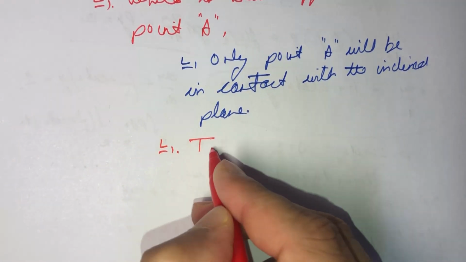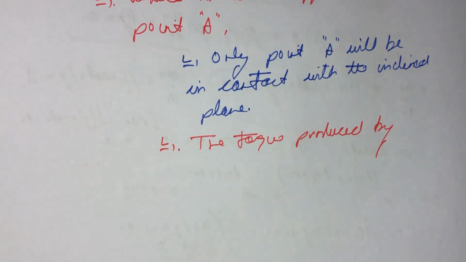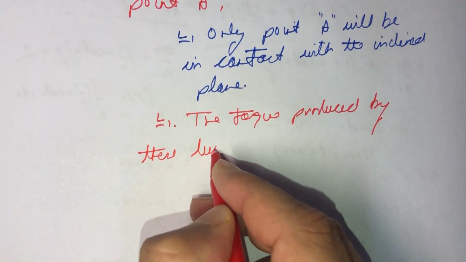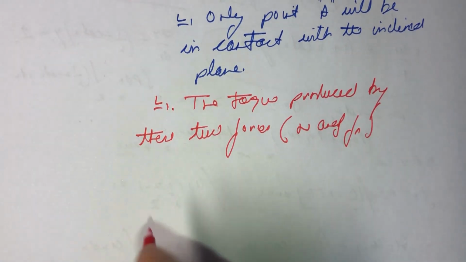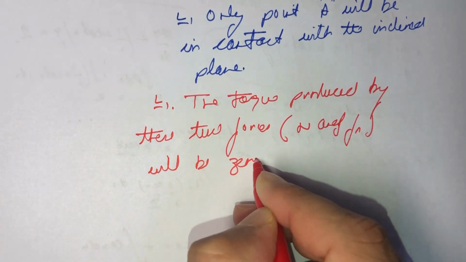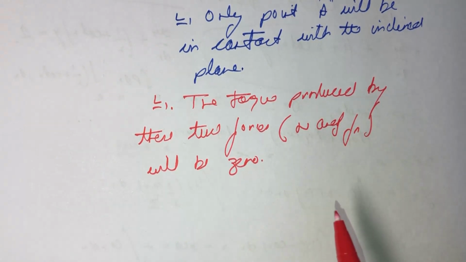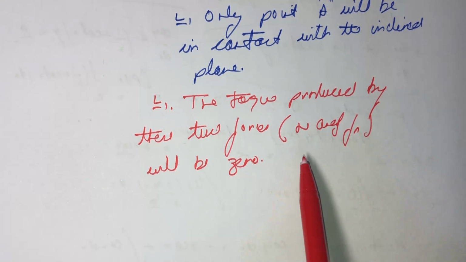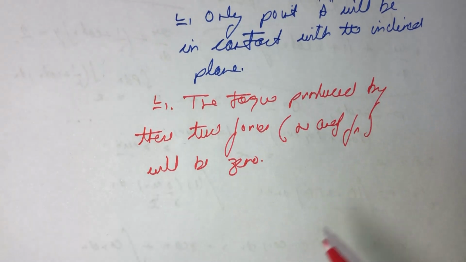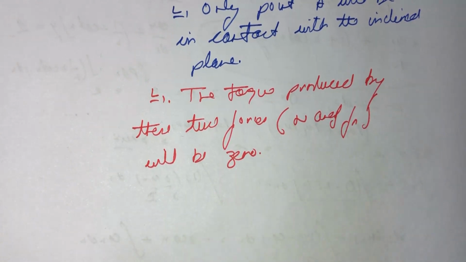Therefore, the torque produced by these 2 forces, which are normal and frictional force, will be 0, because they will be acting exactly at point A. So there will be no perpendicular distance between the force and the point of contact where the block is going to topple, because torque is equal to force multiplied by R, where R is the perpendicular distance between the applied force and the point where it is going to topple.